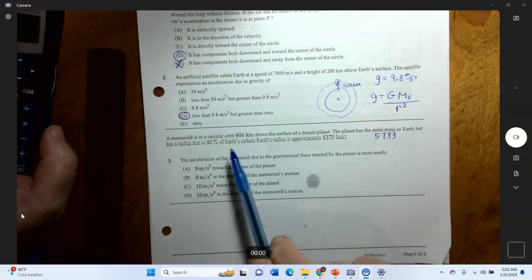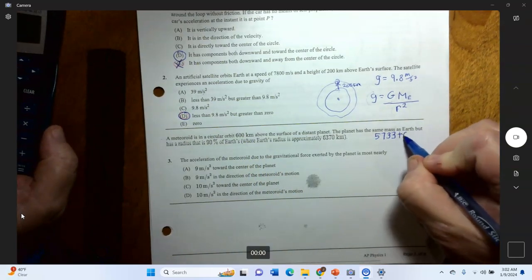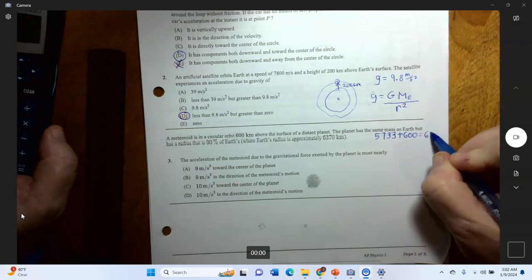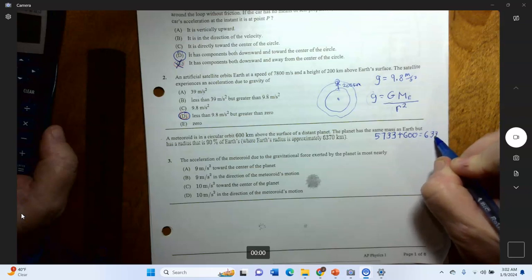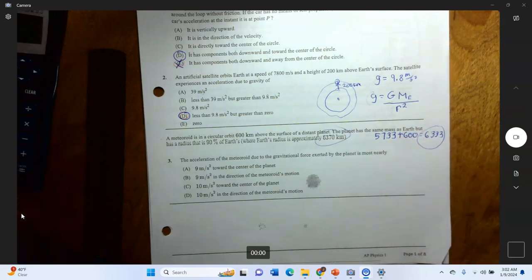Okay, now it is 600 kilometers above that, so we're going to add that 600 back onto that. And what we get is 6333, which is essentially the same as the Earth's radius. So the r in both cases is going to be the same.